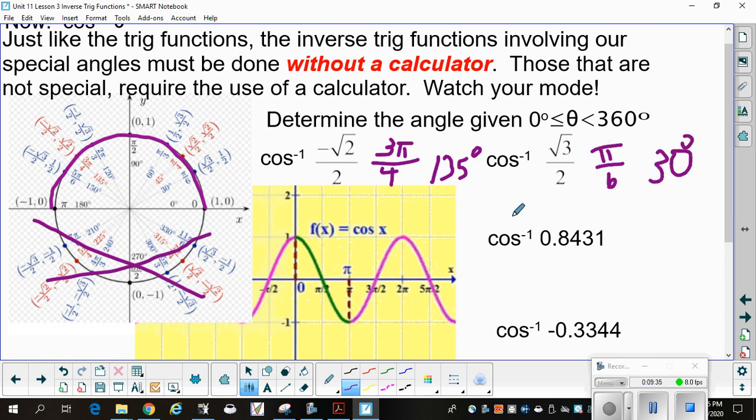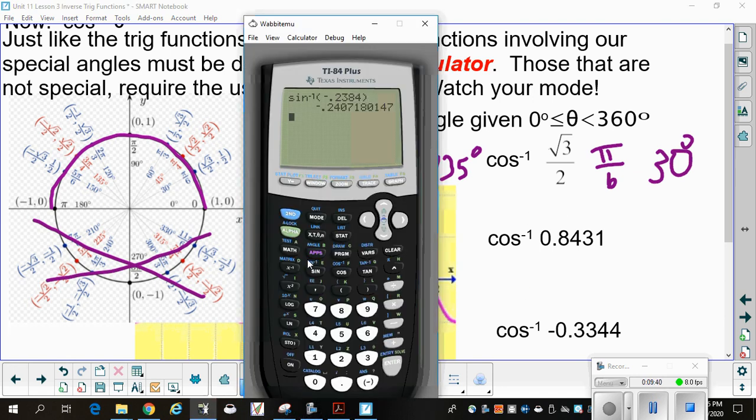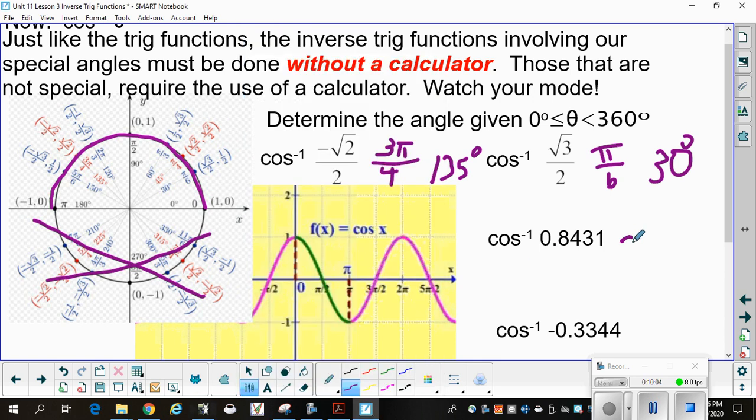Now, if I ask you for the inverse cosine of either one of these, and I want it in degrees, you're going to have to go to the mode, come down, and change it to degrees. Then you quit out of this and do the inverse cosine of 0.8431, hit enter, and that's 32.53 degrees.